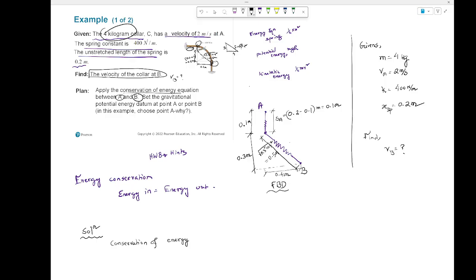Remember that. The other form of potential energy is mgh. Remember, mgh is the gravity-induced energy. Gravity is mgh. You remember that equation, right?